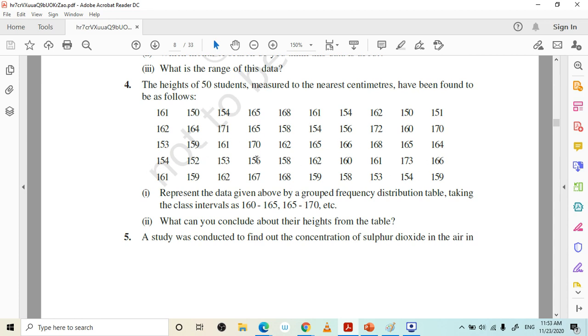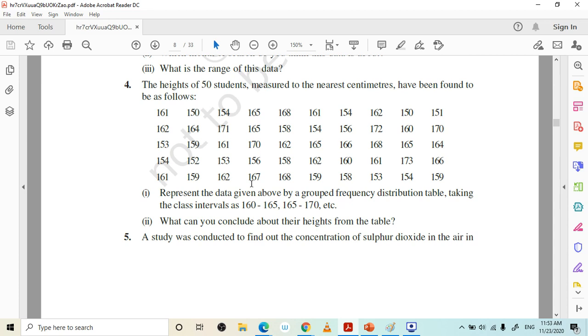So first of all, you have to make this kind of class interval. This is the same thing we did in the previous question, so you have to repeat it. For example, see here 161, so 161 will come in this class interval. 150 will not come in any class interval.